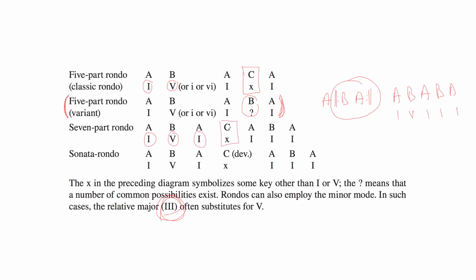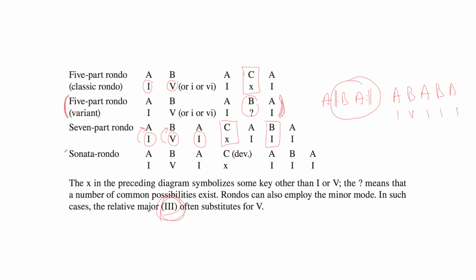C should be in another degree because the tonic is associated with A and dominant is associated with B. And we have the B part again, and this is the sonata idea. This is the sonata principle. The return of B part, everything in the second half, is on tonic. And the C part is in another key other than dominant and tonic.